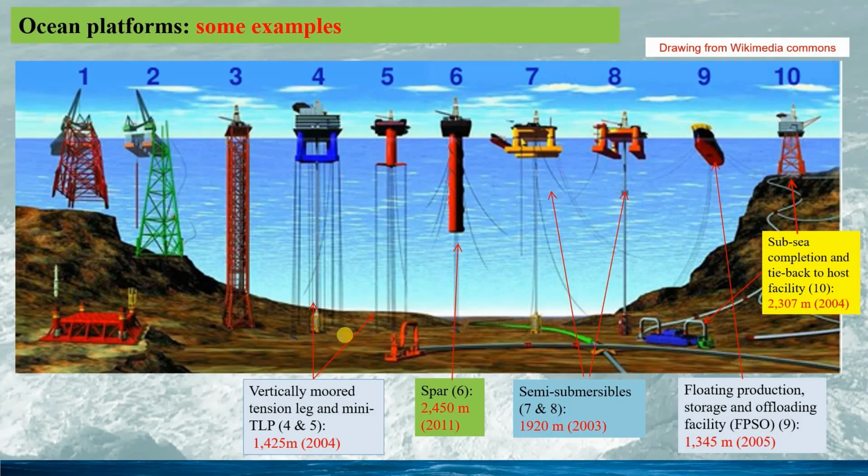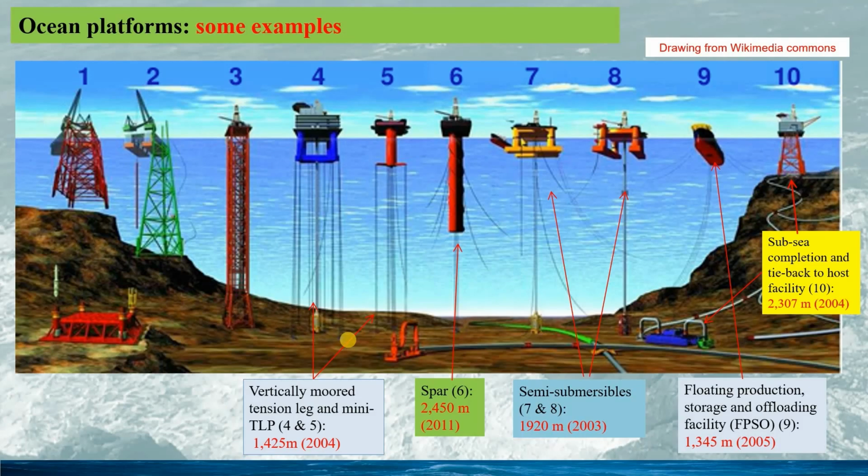Such operations have been moved to very deep water regions. Many are more than 2,000 meters water depth. Of course, these operations would be very expensive, but the return can be huge if the oil price is high.